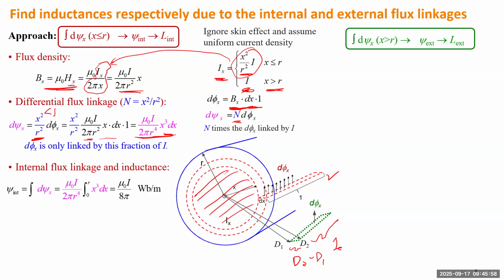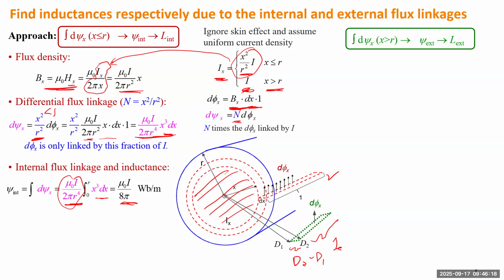In the integration, those are all constants, so you just integrate this x cubed. If you do the integration, this will be the total flux linkage inside the conductor.